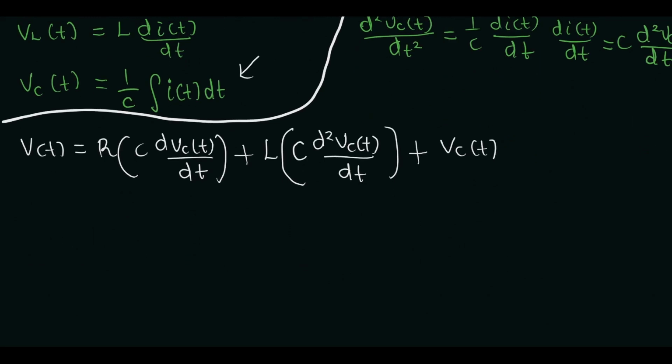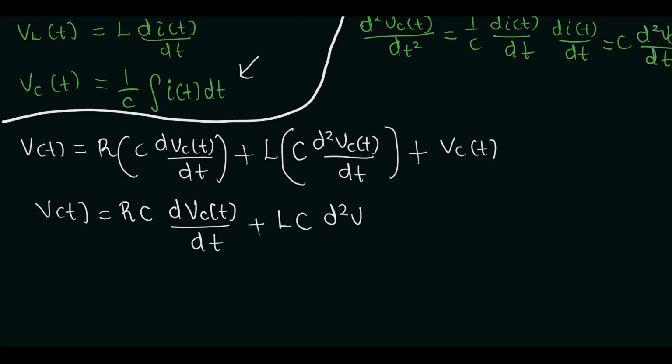So from here, your V of t will be equal to RC dVc of t over dt plus LC d squared Vc of t over dt squared plus your Vc of t.